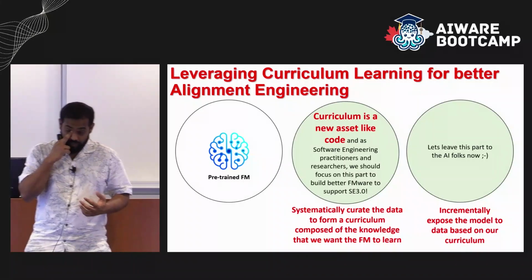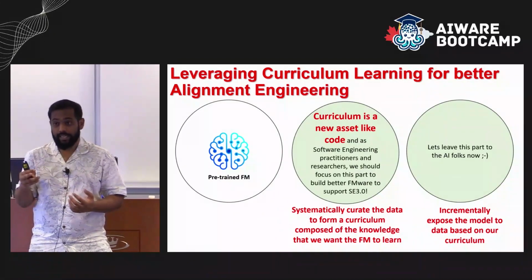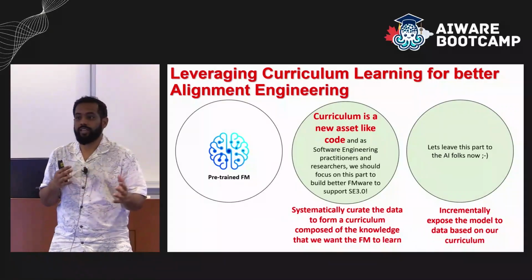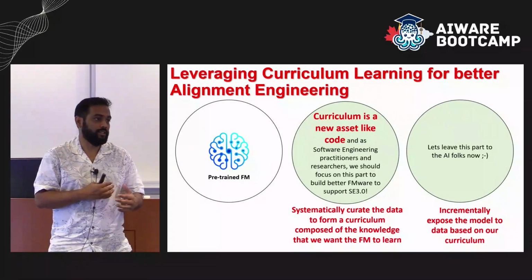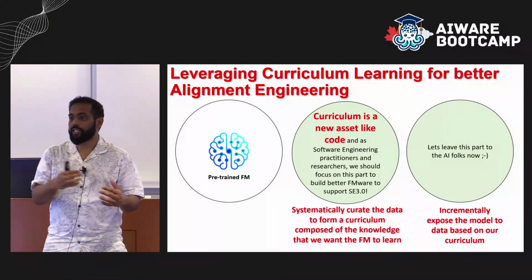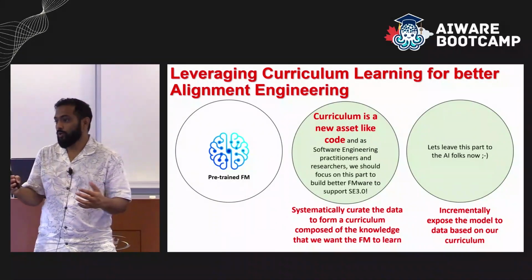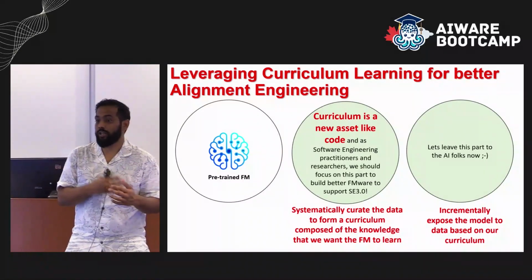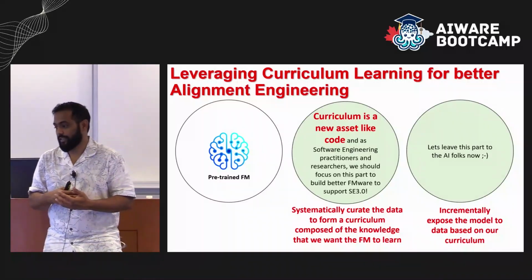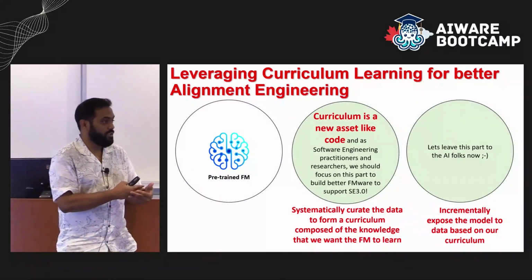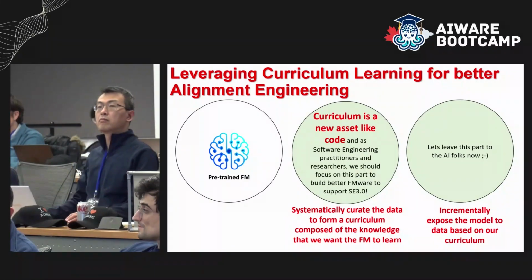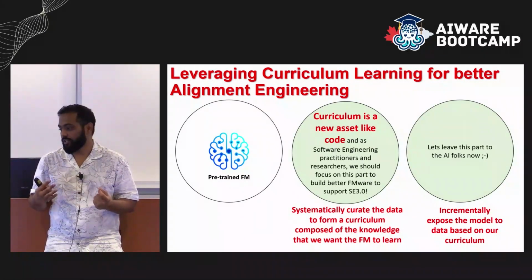This curriculum is once again like data, and as I was saying, data is the new code, and we have to treat data and data points as such so that we can encode operational logic with data. Now, to structure this operational logic, we are using this curriculum, which is also a new asset. And as Ahmed was introducing yesterday, I think this is a new asset, an abstraction level on top of data, that we should be dealing with.